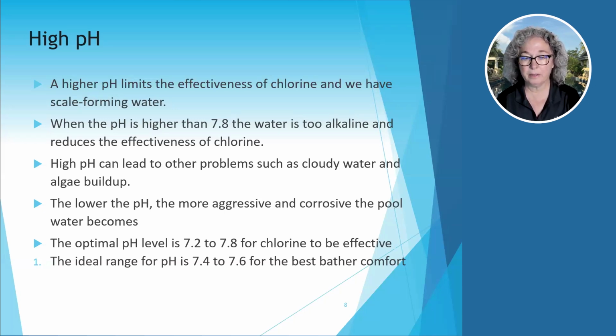It'll be affecting your finish and your equipment. So you don't want your pool water to be corrosive. That's why the optimal levels are 7.2 to 7.8 for the chlorine to be most effective. The ideal range, which is what we like to call the sweet spot, is 7.4 to 7.6. That's the bather's most effective comfort level.